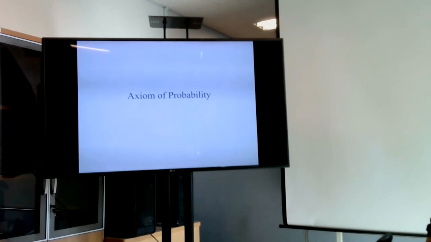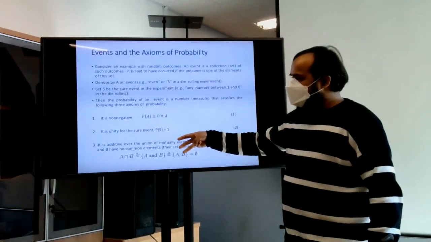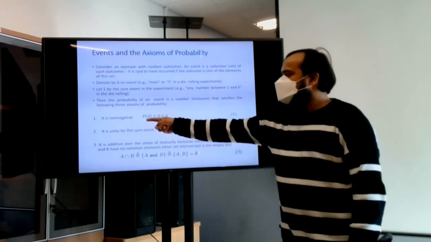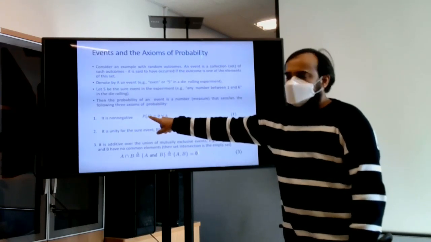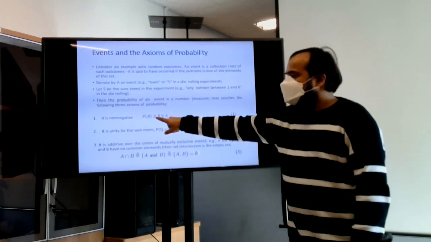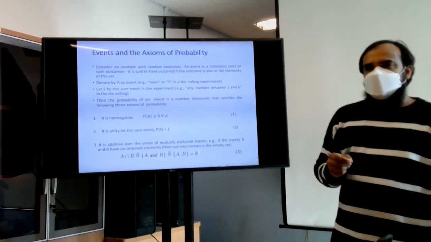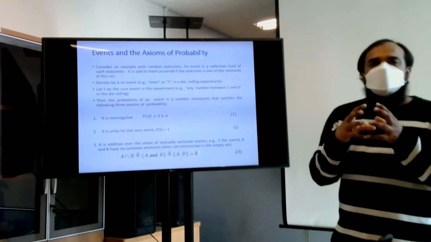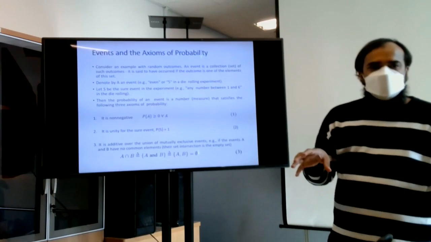Axioms of probability, or the rules of probability. There are 3 rules. One is non-negative, meaning the probability of any event A is greater than or equal to 0. When I talk about an event, it is one part of the whole sample space.